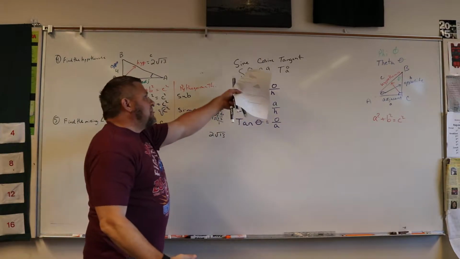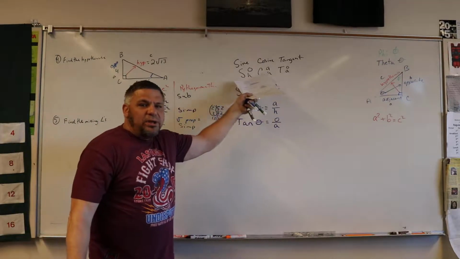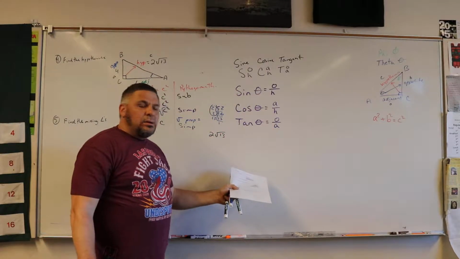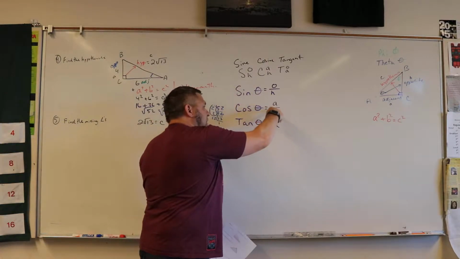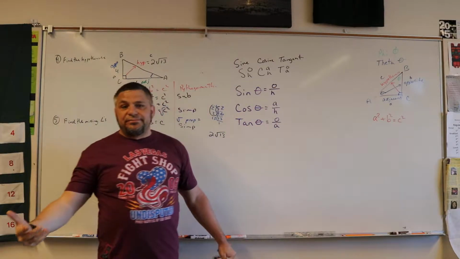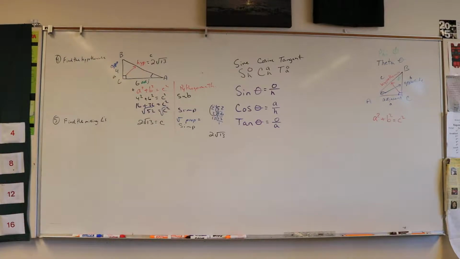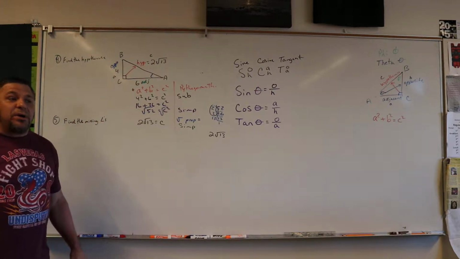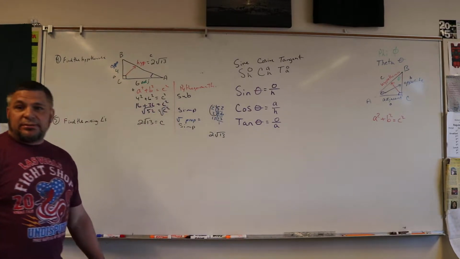You look at Sohcahtoa and you say, which one has O and A? Tangent. So we're going to choose tangent. See how that makes your choice. I want to use opposite and adjacent, so I want to use tangent.